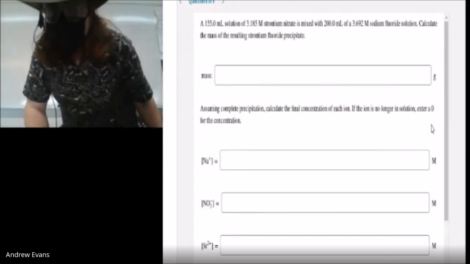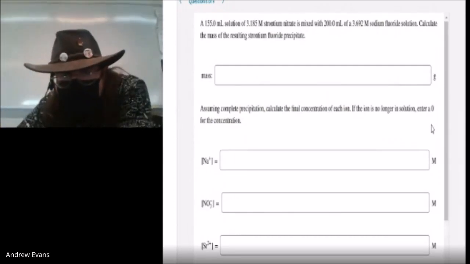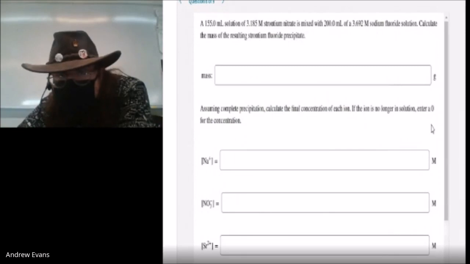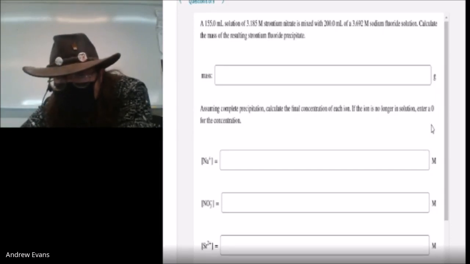A 155 mL solution of 3.185 molar strontium nitrate is mixed with 200 mL of 0.3692 molar sodium fluoride. Calculate the mass of the resulting strontium fluoride precipitate. So it's a limiting reagent problem.